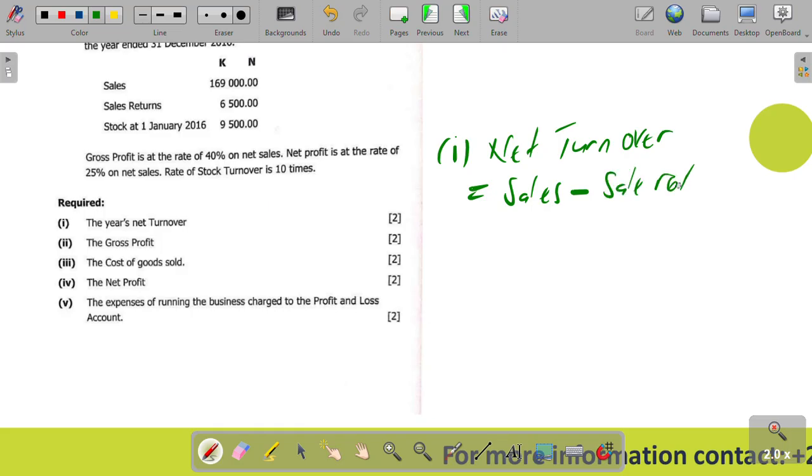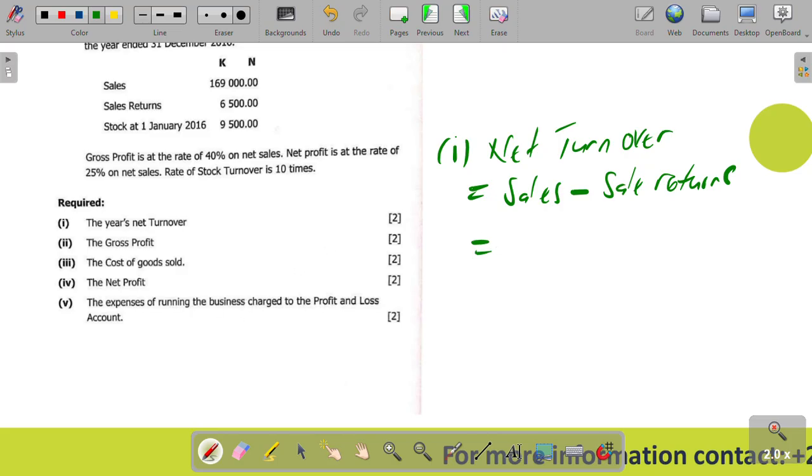Sales returns. See that? This is your formula. Now let's punch in the details. I hope you're copying because I'm going to wrap this, okay? So make sure that you're taking notes.